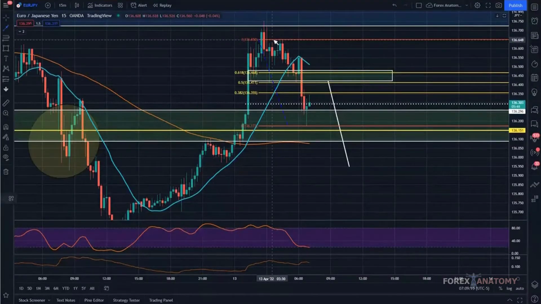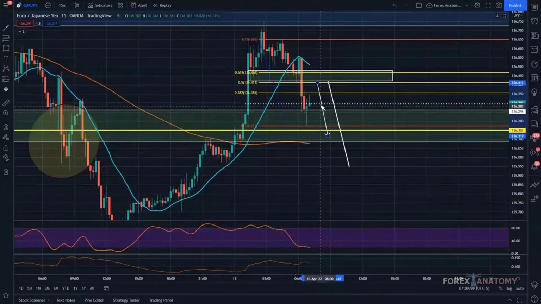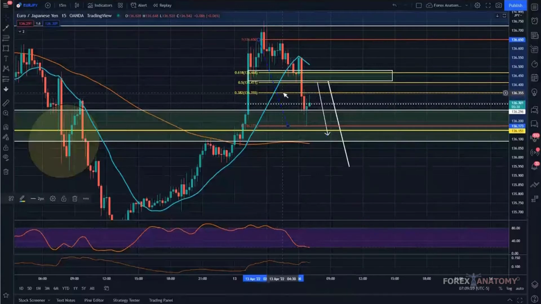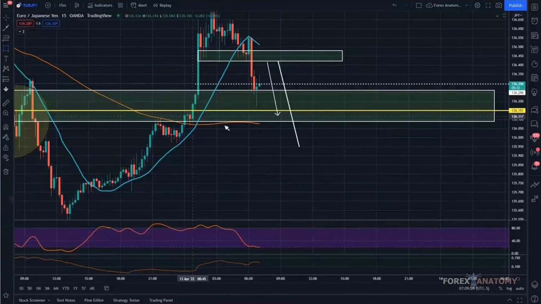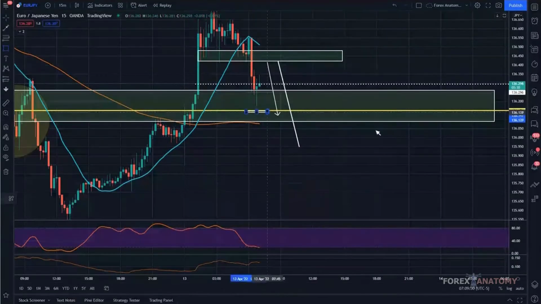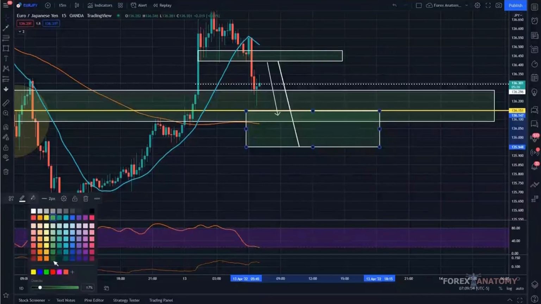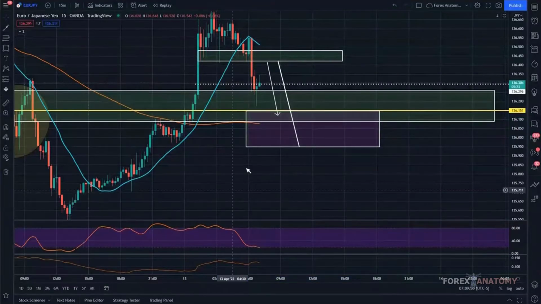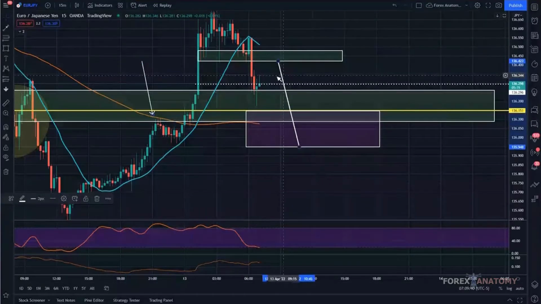And I'll explain the logic to this later, especially for those who may be seeing this for the first time if they see the recording. But yeah, somewhere within this area right here is where price could potentially go.